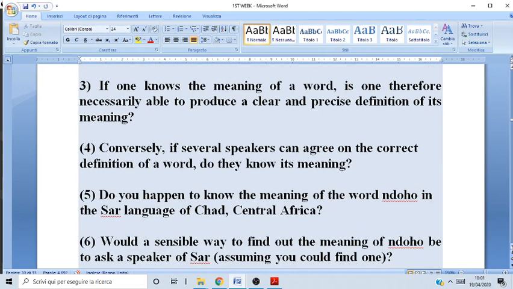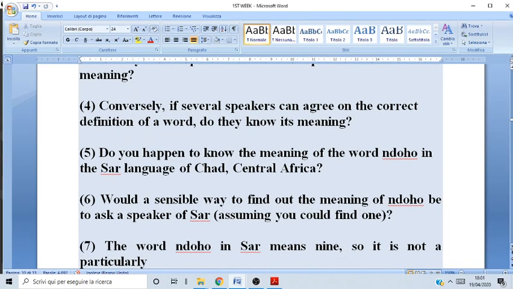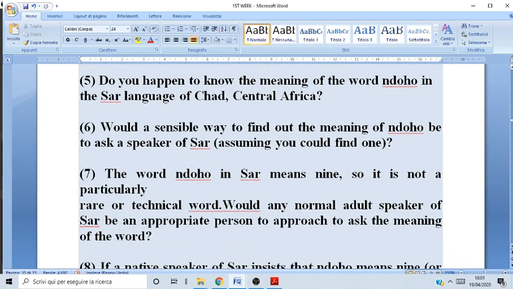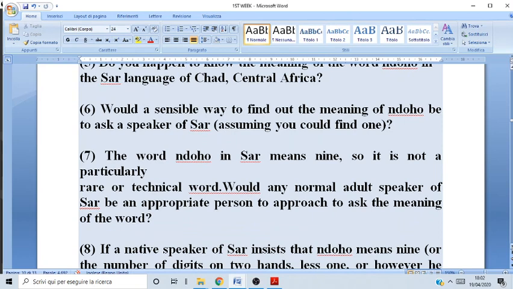If several speakers agree on a definition, do they know its meaning? Yes, I would say so. And of course, we could ask a Sar speaker, assuming we could find one, what the word means.